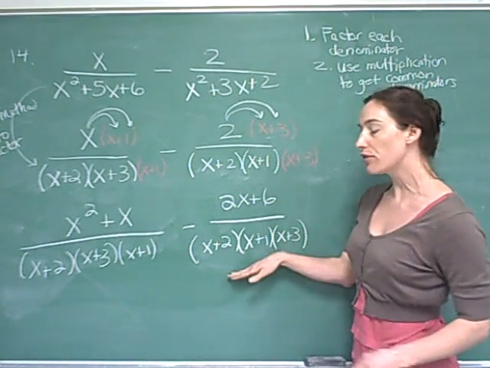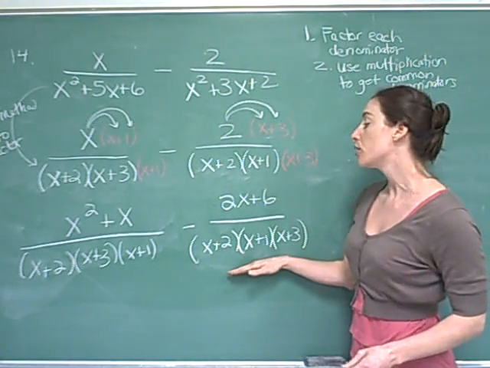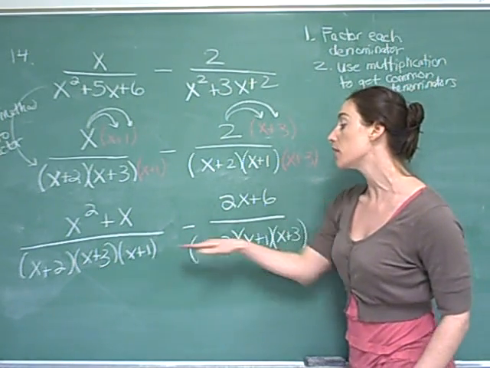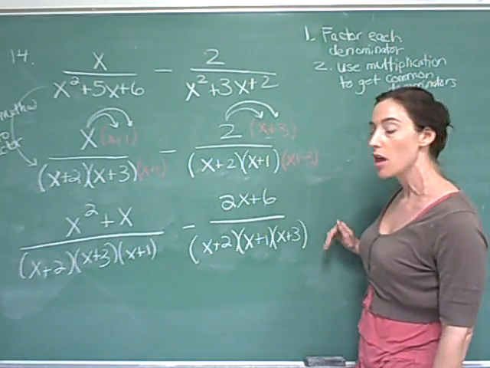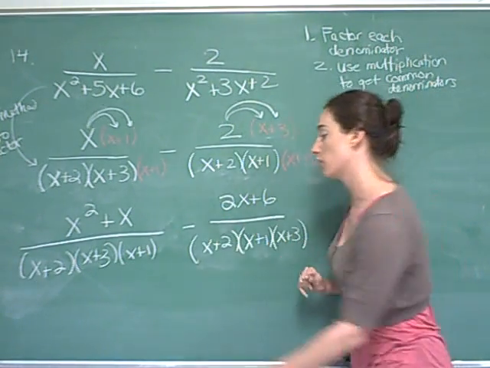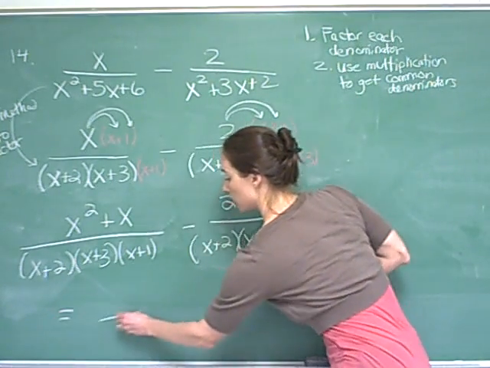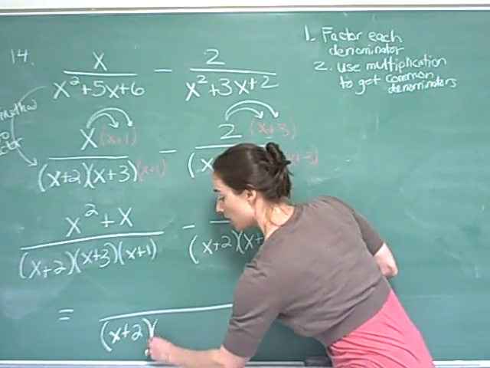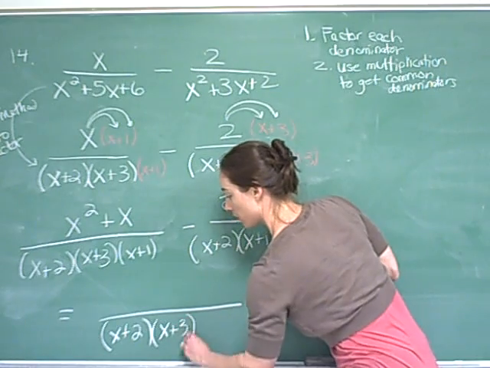Okay, so I definitely have a common denominator now, so I can subtract these fractions. The common denominator will remain the same, and I will subtract the numerators. So my common denominator is going to stay exactly the same.